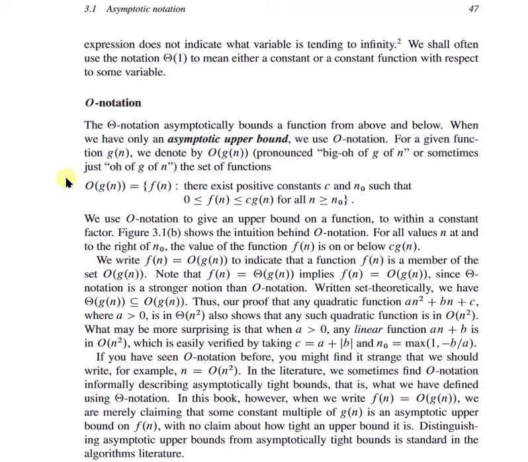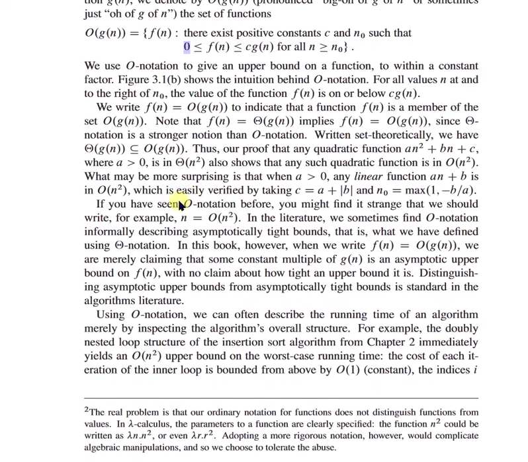It is the set of functions f of n such that there exist positive constants c and n naught such that 0 is less than or equal to f of n less than or equal to c g of n for all n greater than or equal to n naught. We just remove the lower bound, and this zero is important for non-negative asymptotic functions. We use big O notation to give an upper bound on a function to within a constant factor.